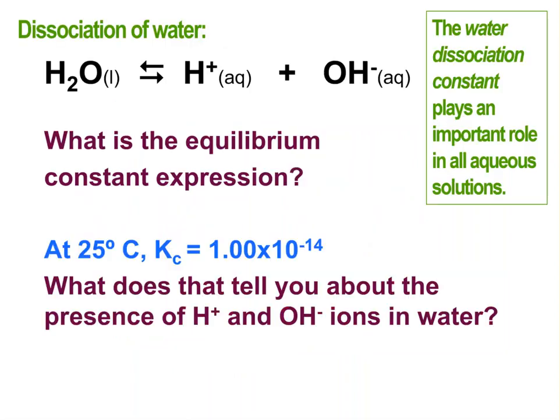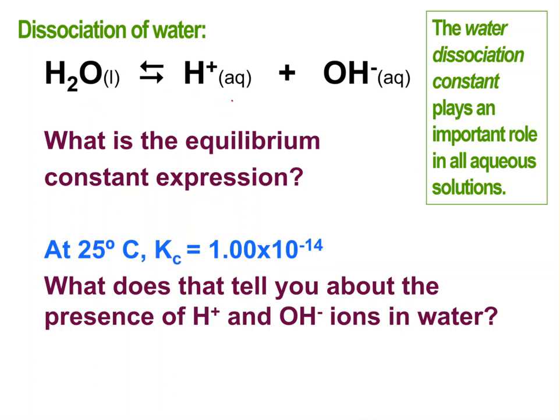Okay, let's look at one more slide and then we'll switch videos. The dissociation of water, sometimes called the ionization of water, is a very important equilibrium reaction. This reaction heavily favors the liquid water.